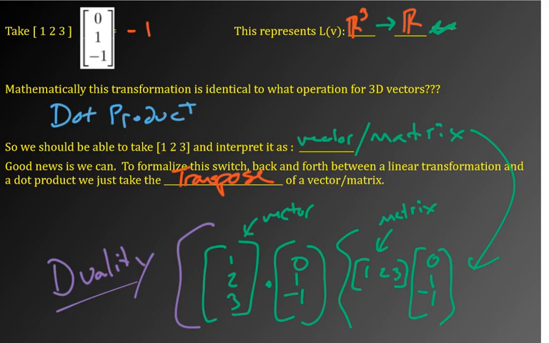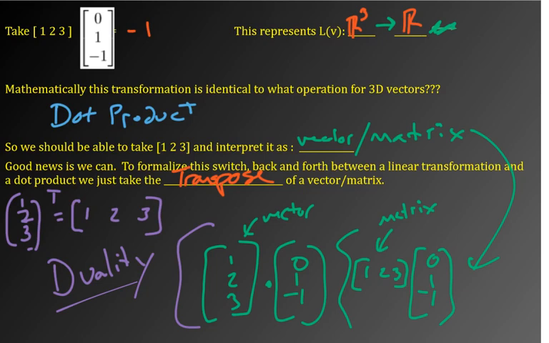So for the transpose, we use T. Basically, if you take 1, 2, 3 as a vector, let's say, and you transpose it, then you would write 1, 2, 3 that way. It's the way that we actually mathematically talk about that duality. It's the way that we take a vector and think about it as a matrix.